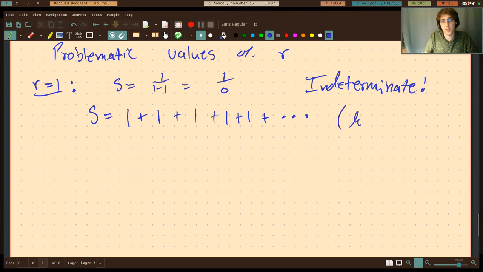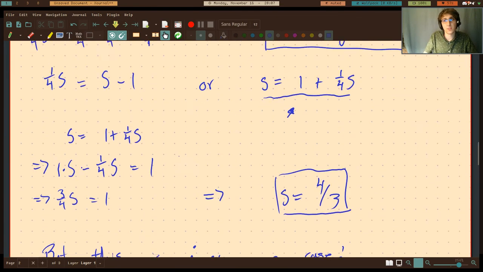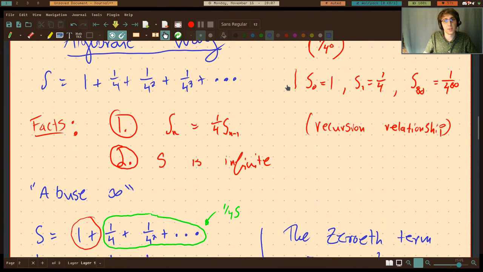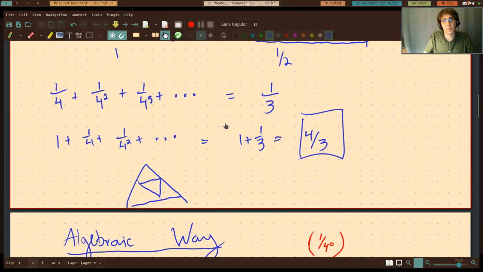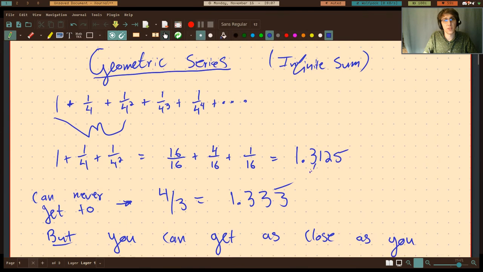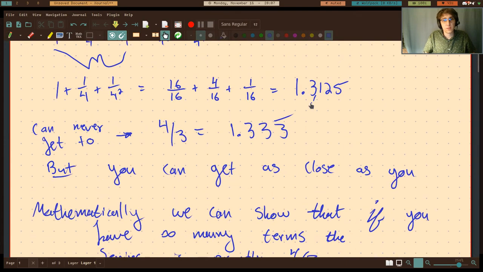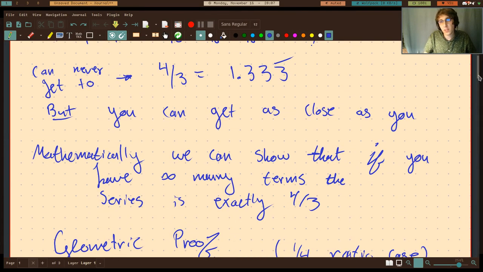In other words, the limit as we add more and more terms approaches infinity. And as a side note, you can think of the geometric series as kind of a limit, if you want. I think it's helpful to me. So let's get back down to the last page here.